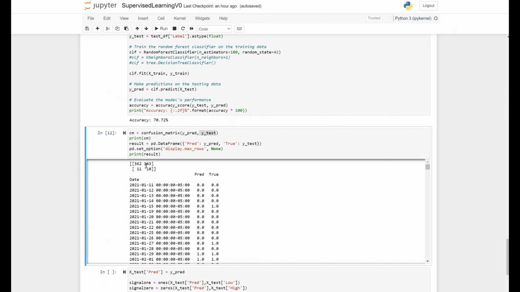There are totally 143 plus 10 records. They are real ones. But among these 153 real ones, the model only predicted 10 as ones. The rest were mistakenly predicted as what? As 0. So that means from 153 real ones, the model only predicted 10 of them as ones.